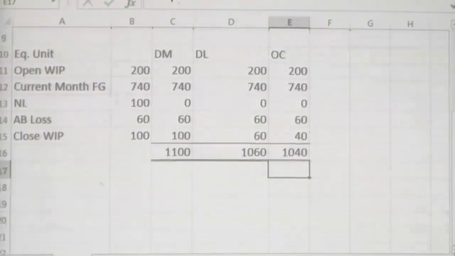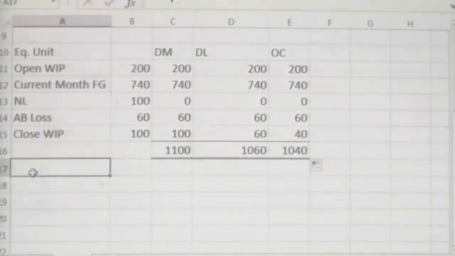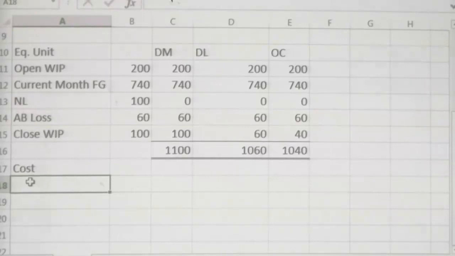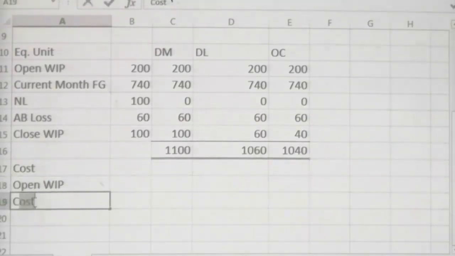Now you can take the cost statement. We are using the weighted average method, and the opening work in progress cost and the current month cost need to be taken separately.